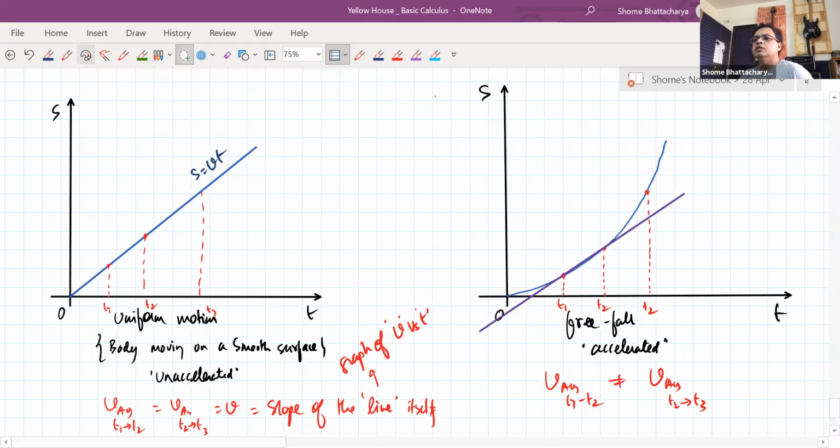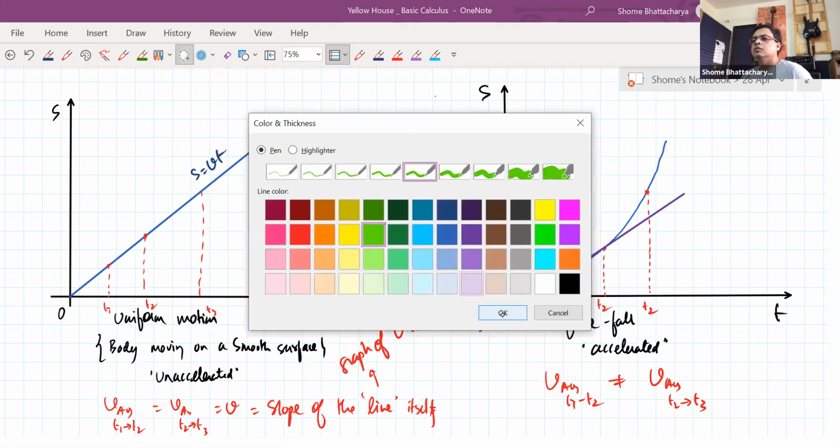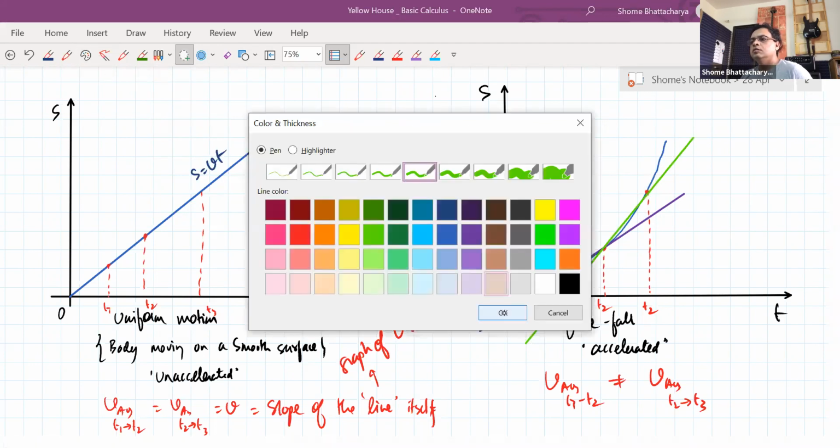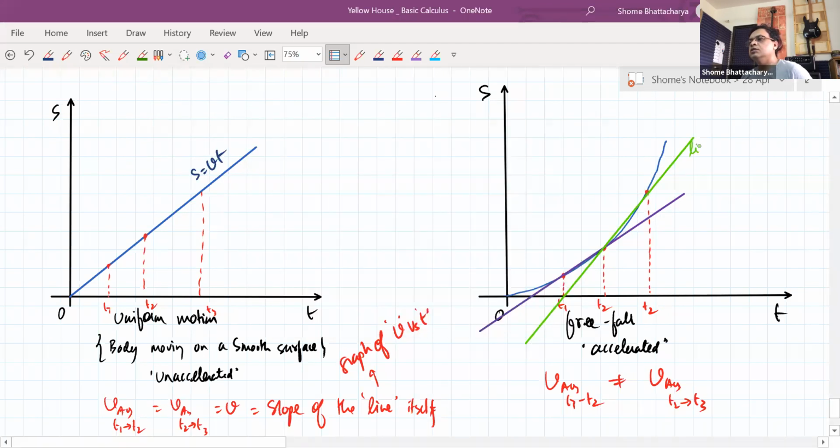For the second one, it becomes this type of line. So this is line 2, and this one is line 1.